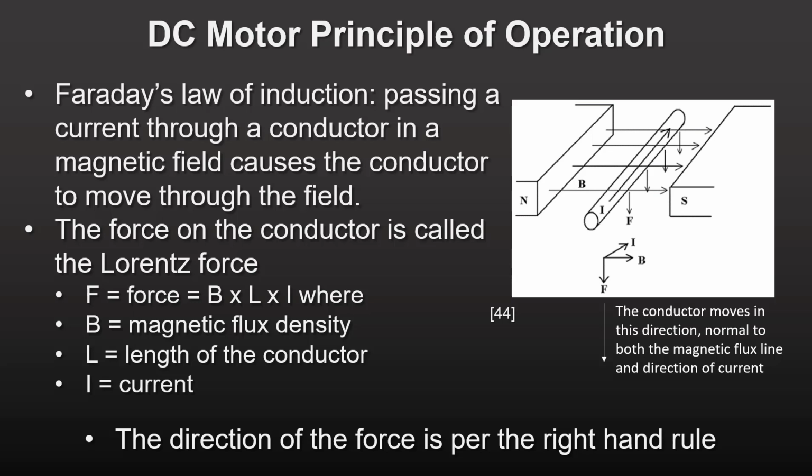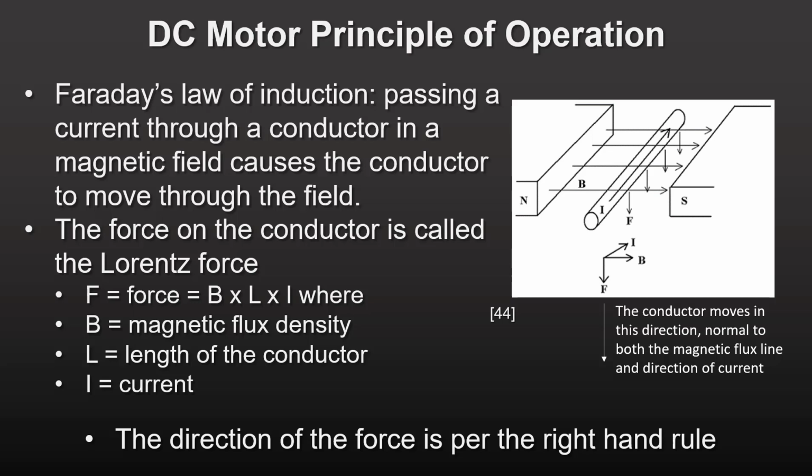Faraday's law of induction states that passing a current through a conductor in a magnetic field causes the conductor to move through the field. The force on the conductor is called the Lorentz force, F, equal to B times L times I, where B is the magnetic flux density, L is the length of the conductor, and I is the current.